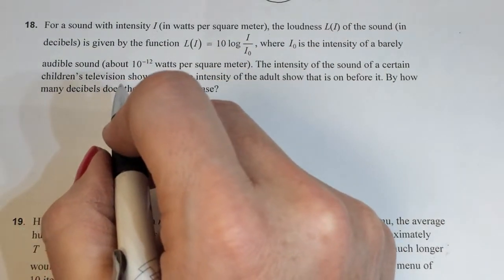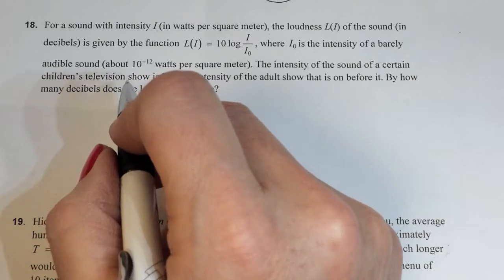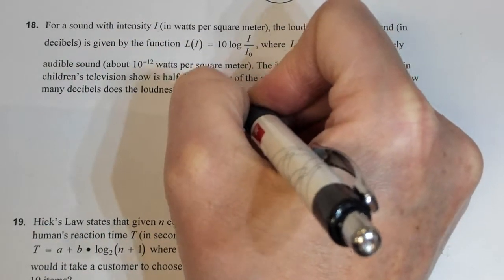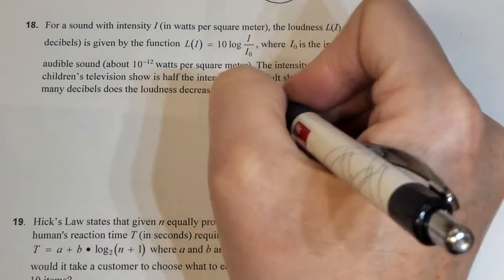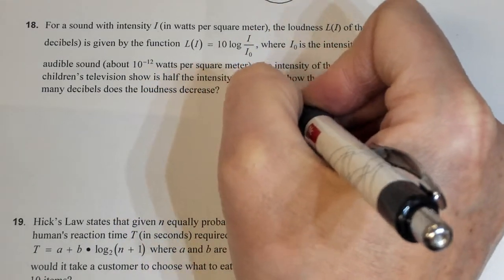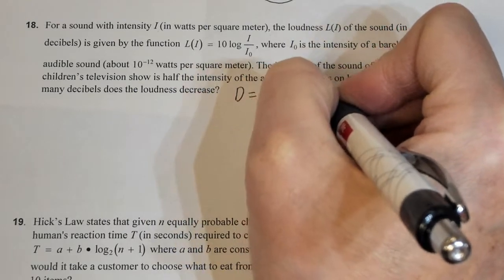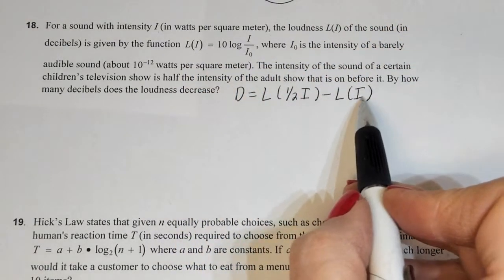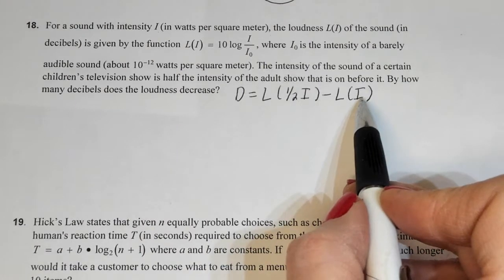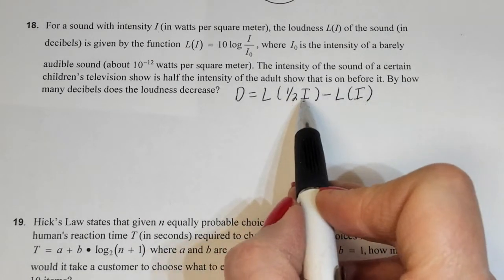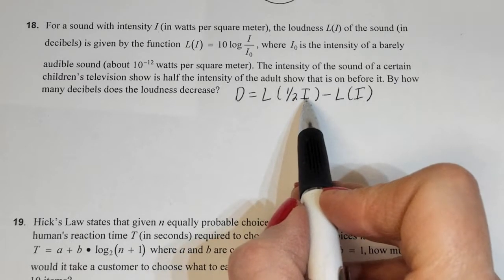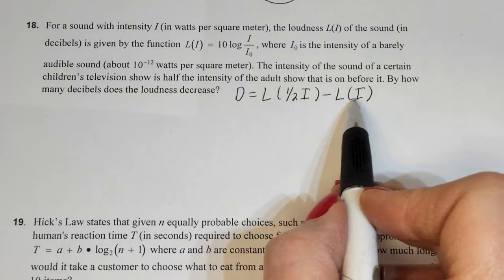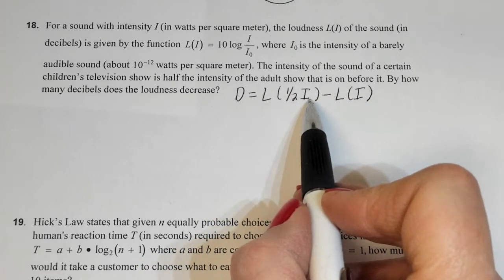So if I want to find the difference in this decibel level, I'm going to say that difference is going to be equal to L of 1/2 I minus L of I. See, I is the intensity of that adult show. And then it says the children's show is half that loud. So we have to use that the I value is going to be half as much.